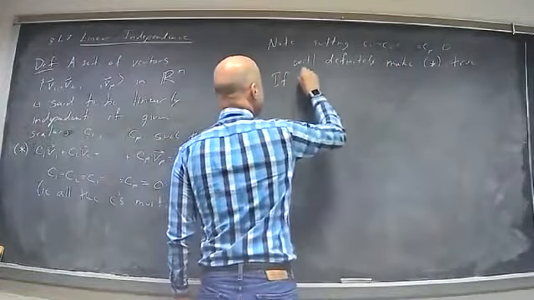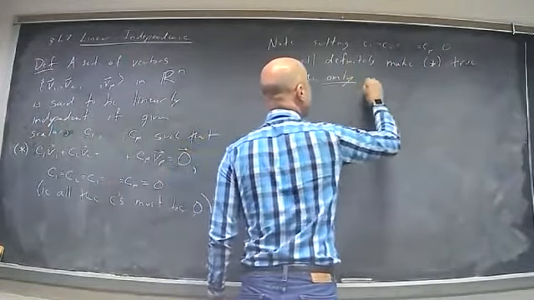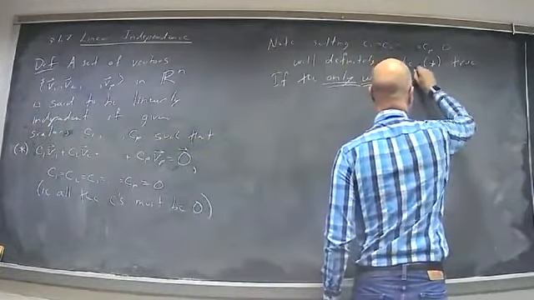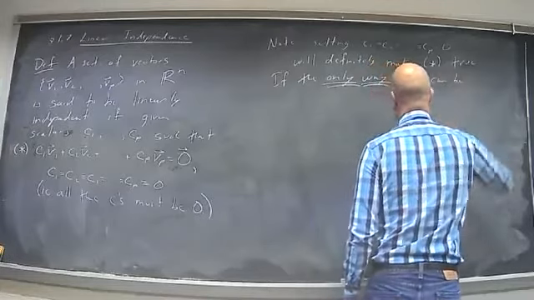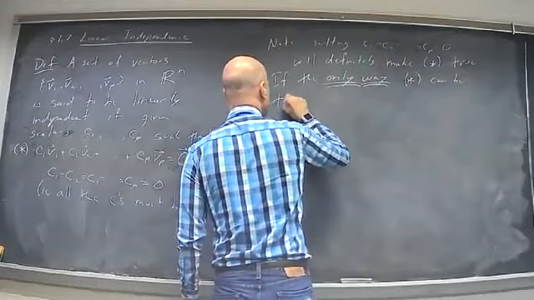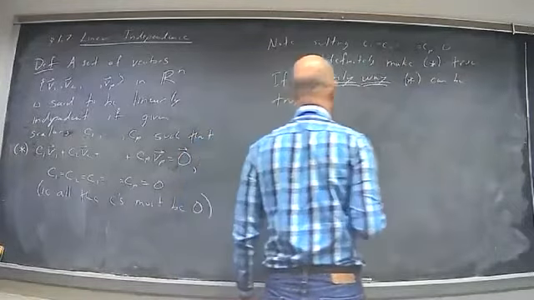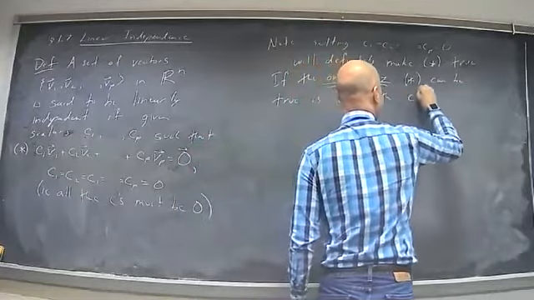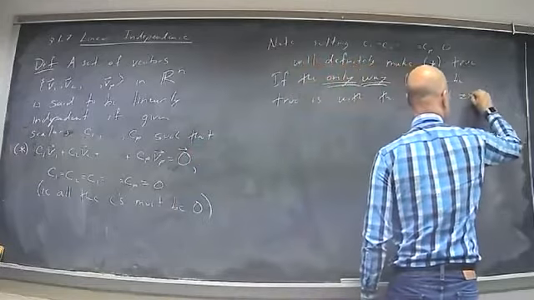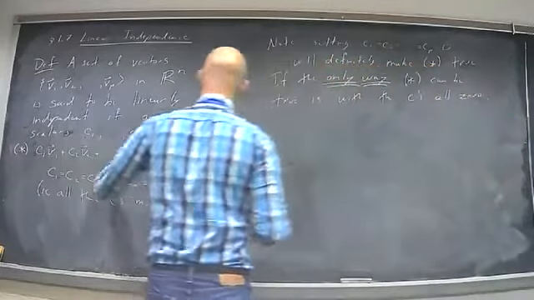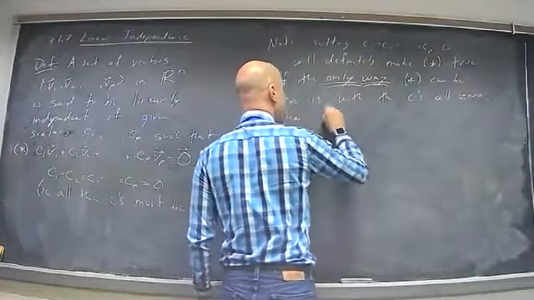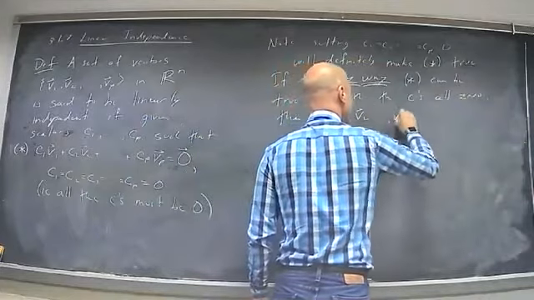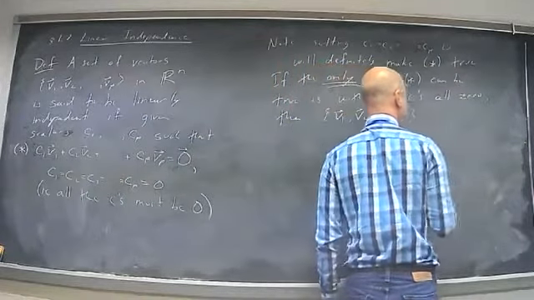If the only way star can be true is with the c's all 0, then the set v1, v2, all the way to vp is linearly independent.